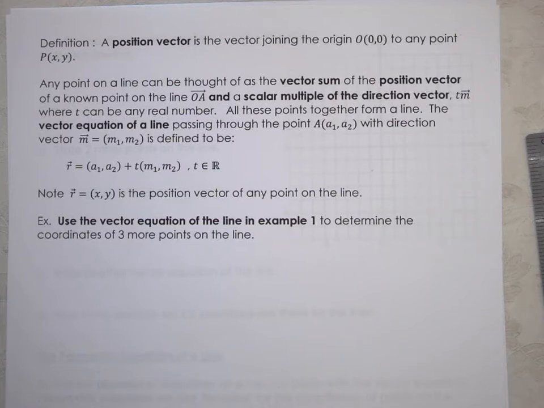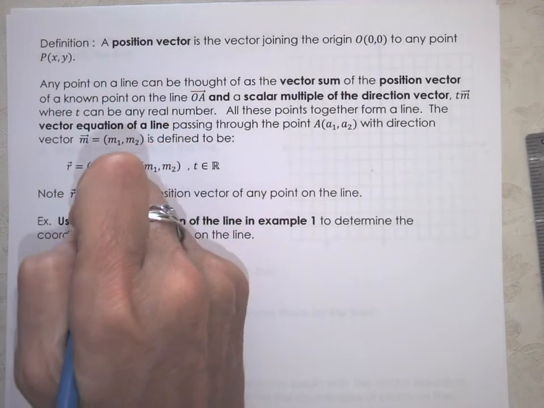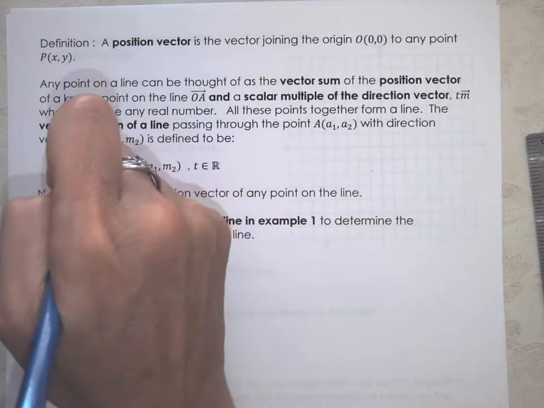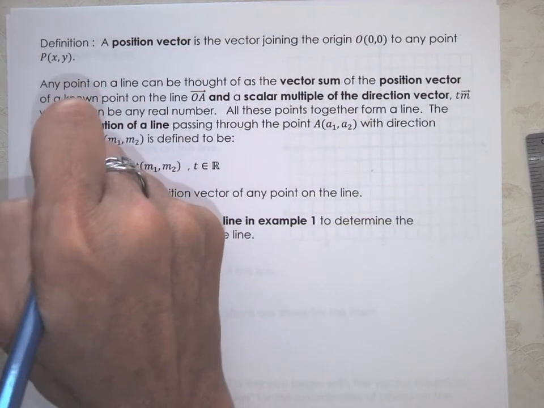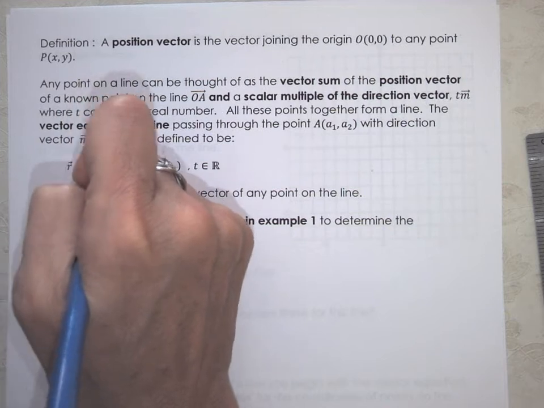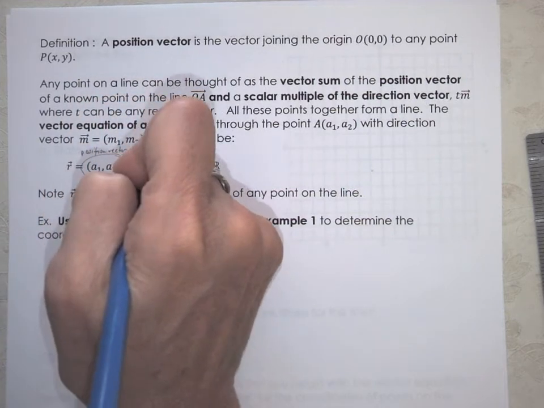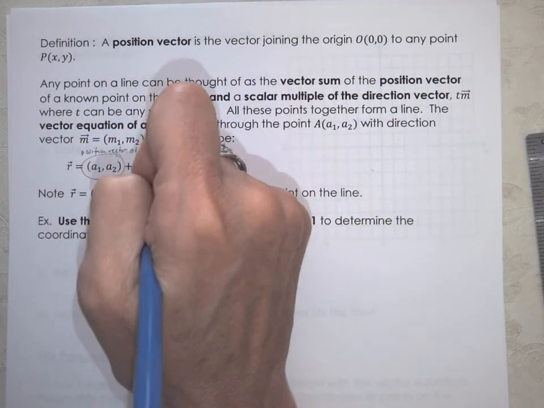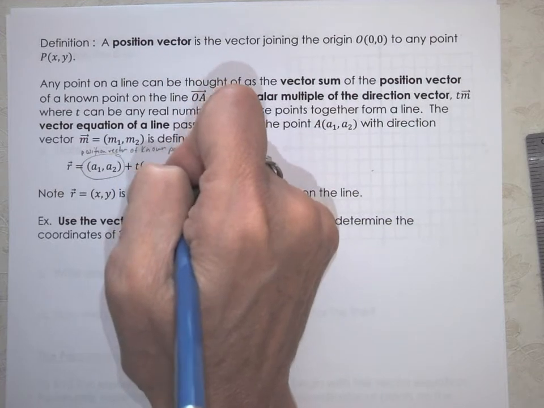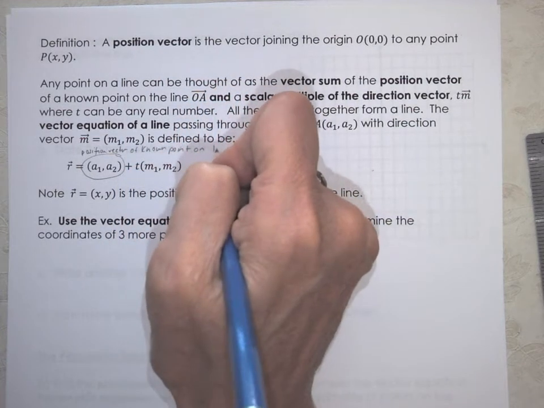The vector equation of a line passing through the point A(a1, a2) with a direction vector M = (m1, m2) is defined to be r = (a1, a2) + t(m1, m2). Again, this is a position vector of a known point on the line.